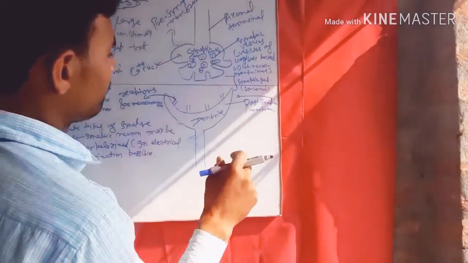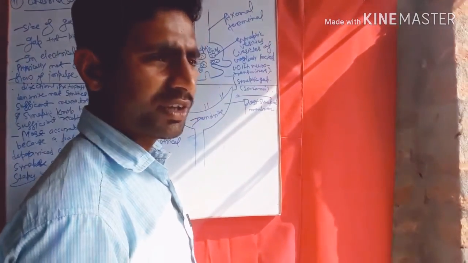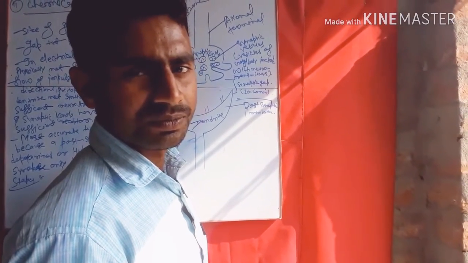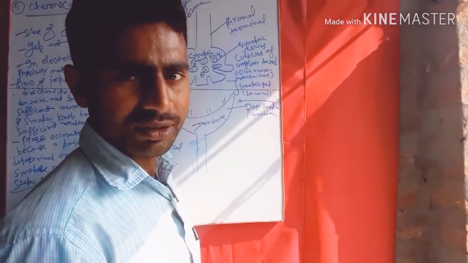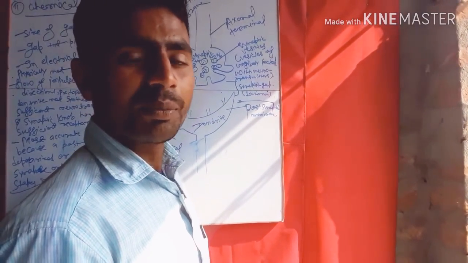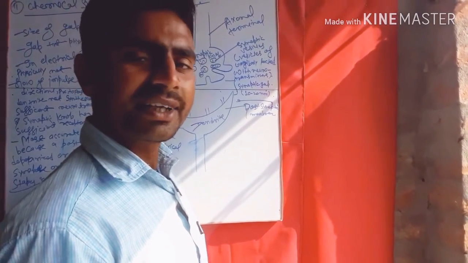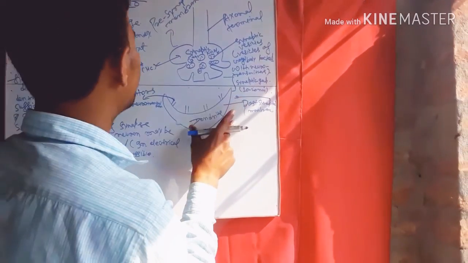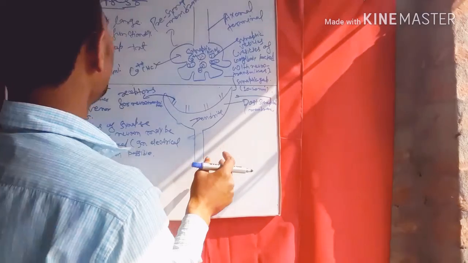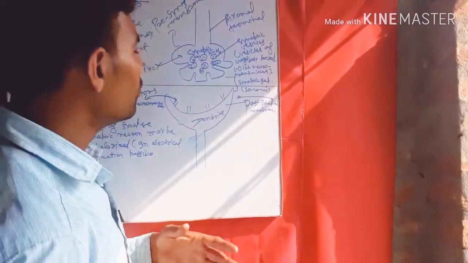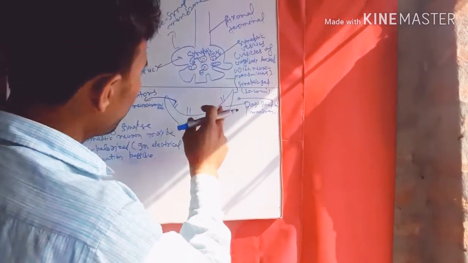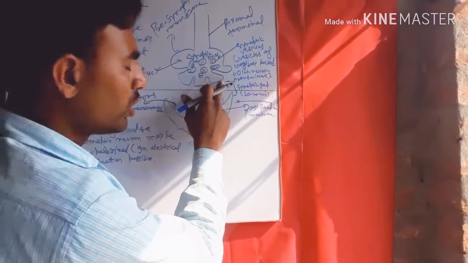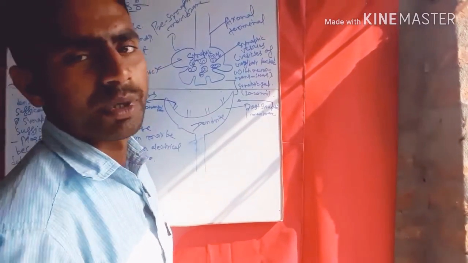As studied, the flow of impulse is bidirectional in the electrical synapse. But in the chemical synapse, the flow of impulse is always unidirectional, from presynaptic membrane to postsynaptic membrane.